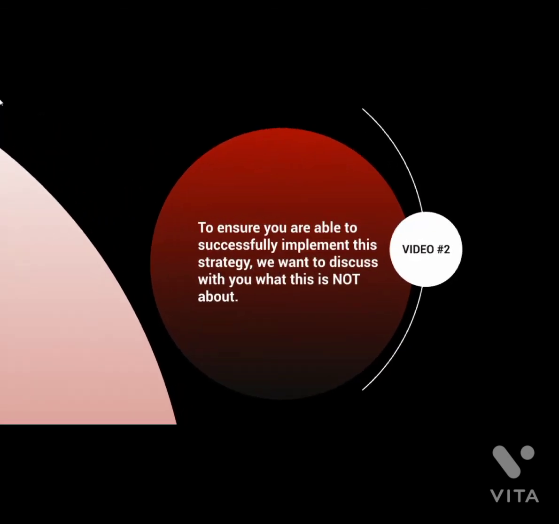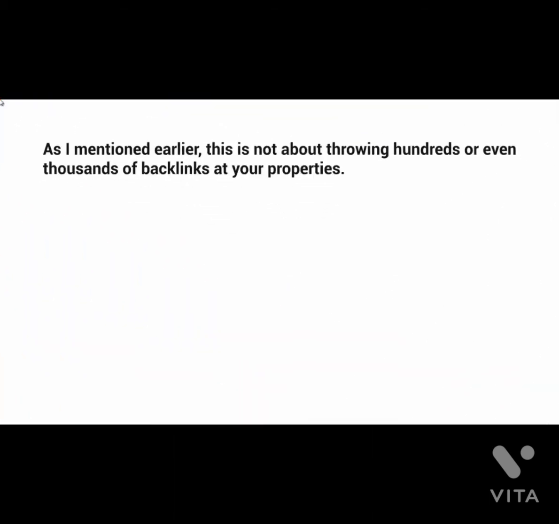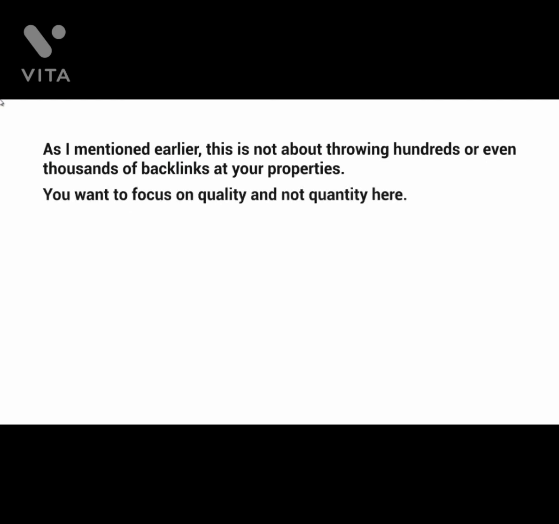All right. So to ensure that you're able to successfully implement this strategy, we want to discuss things that you do not want to do. So as I mentioned earlier in the previous video, this is not about throwing hundreds or even thousands of backlinks at your YouTube channel or at your properties. In fact, YouTube has become very, very smart in figuring out if you are actually gaming the system.